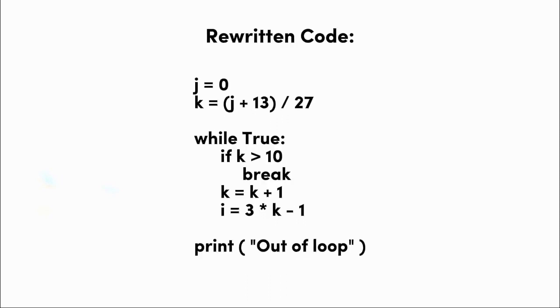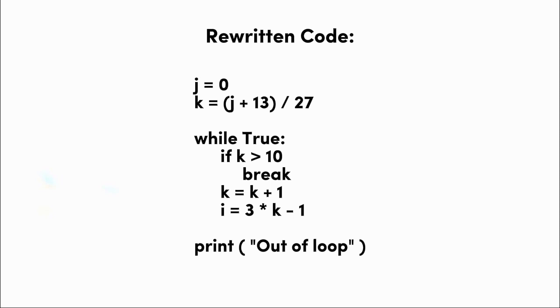Here is the pseudocode rewritten using a loop structure in Python. j equals 0, hashtag assuming j starts from 0. k equals j plus 13 divided by 27.